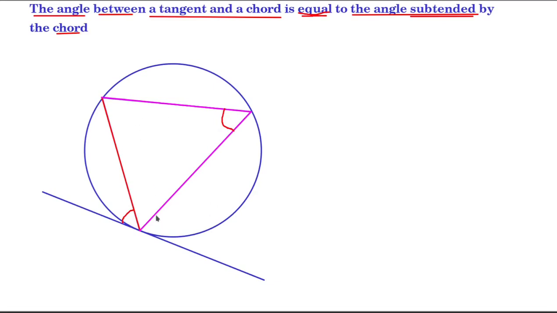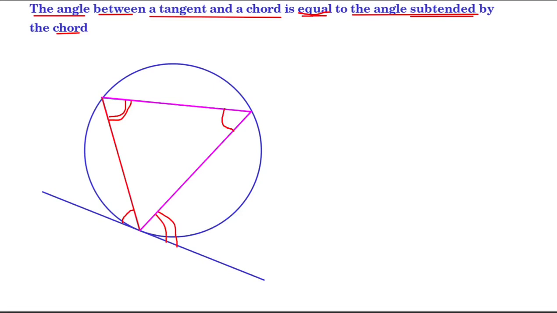Same applies to this one here: tangent, chord. The chord is subtending this one here. So these two angles are equal. That's the tan-chord theorem. Now let's go straight to examples on these theorems.